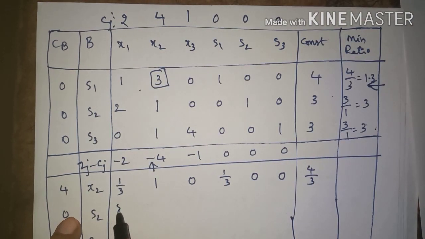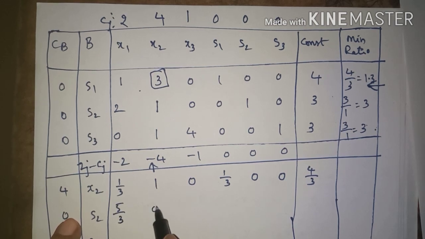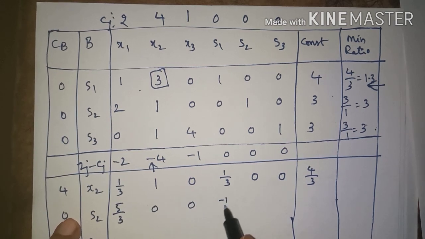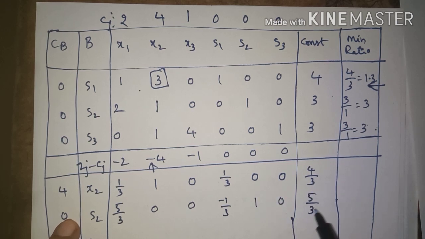Here we get 0, 5 by 3, 0, 0, minus 1 by 3, 1, 0, 5 by 3.